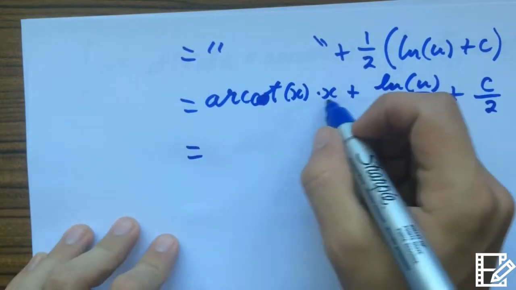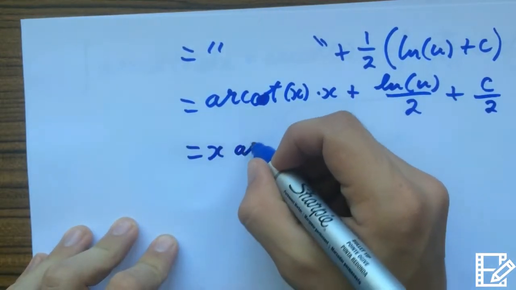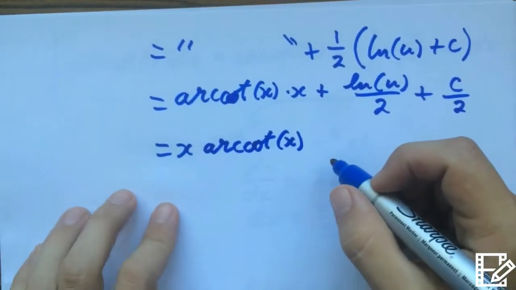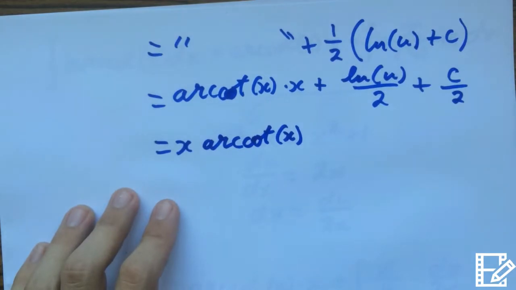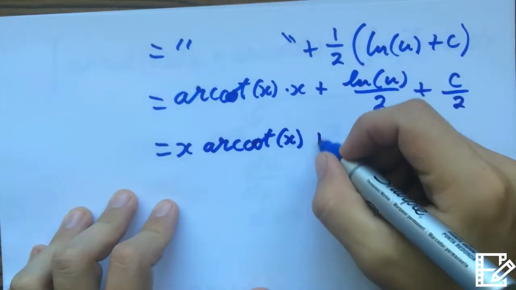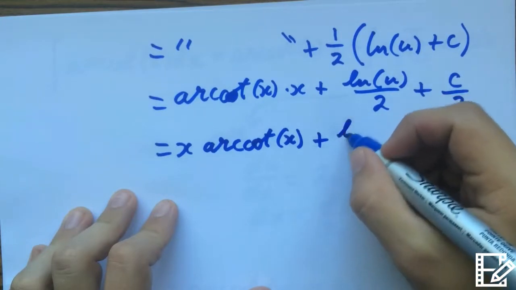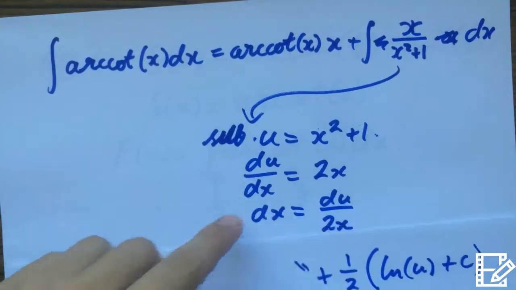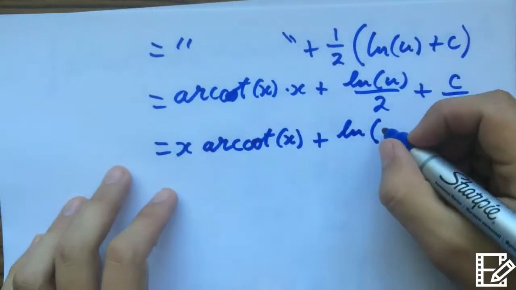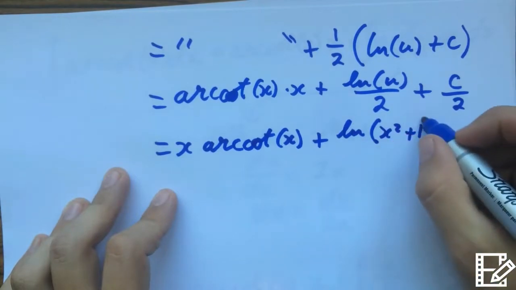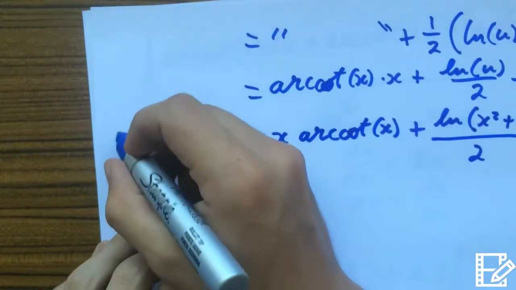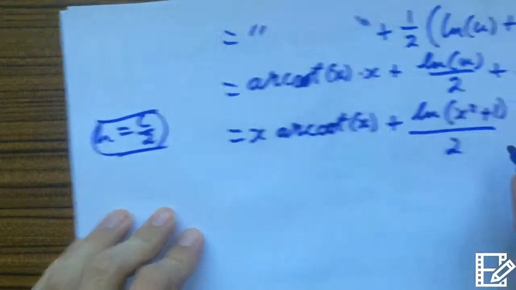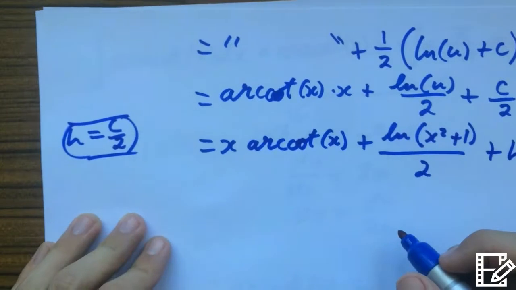I'm going to bring the x out the front of this and have x arccot x, and I'm just going to sub this back in, and we're going to have ln of, what did we say u was? We said u was x squared plus 1. So we're going to put that, x squared plus 1, on 2, and I'm going to say that h equals c on 2. So it's going to be plus h.